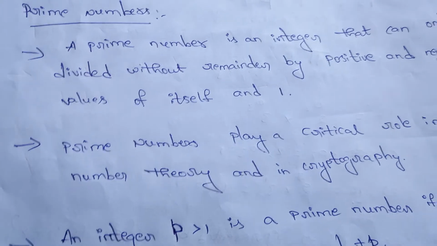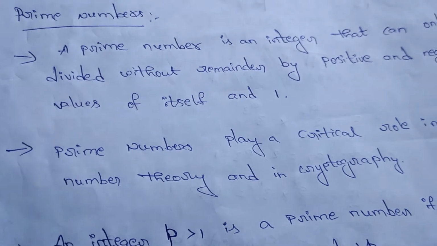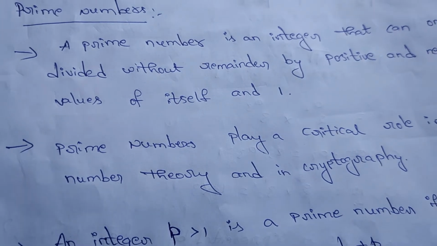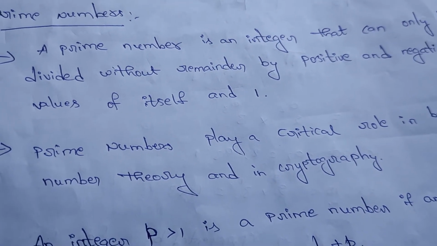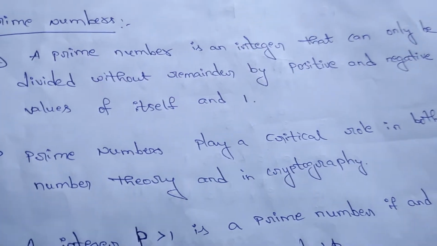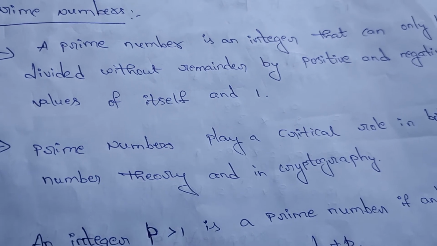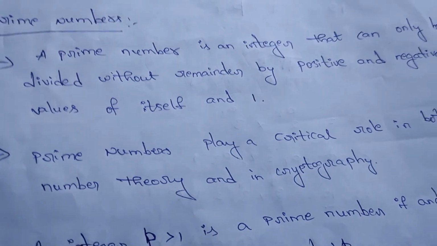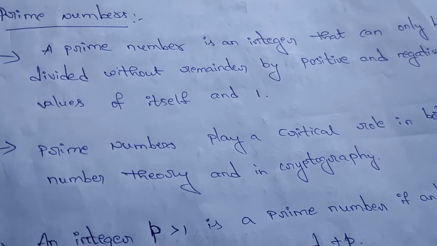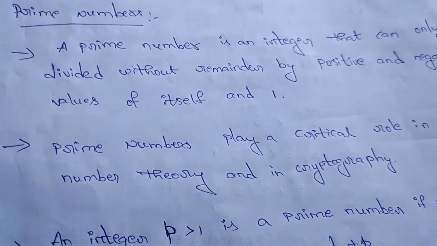Without remainder means the remainder is 0, not anything other than 0. So a prime number is an integer that can only be divided without remainder by positive and negative values. It may be a positive value or a negative value, but you should not have any remainder.